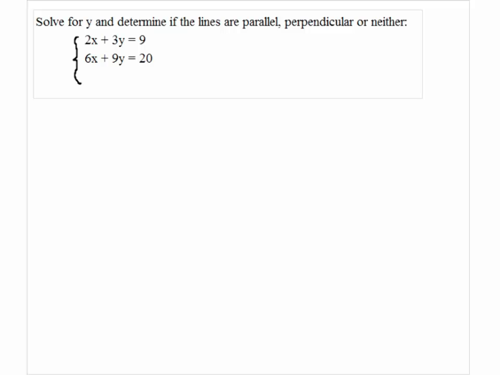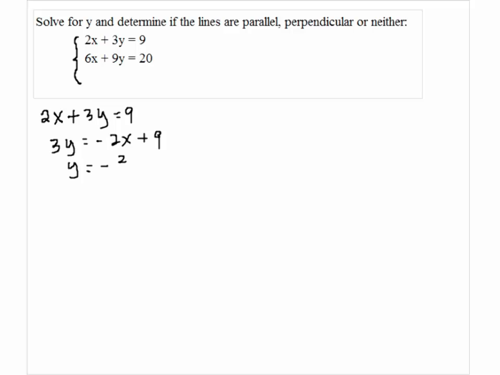Solve for y and determine if the lines are parallel, perpendicular, or neither. First, take a look at the top equation, which is 2x plus 3y equals 9. 3y equals negative 2x plus 9.